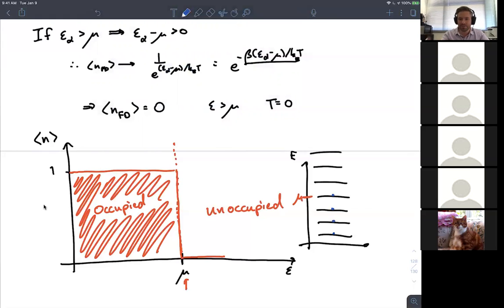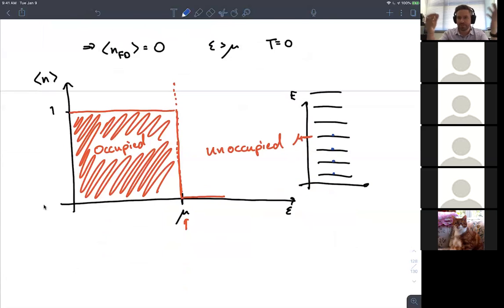Then you're out of particles and the remainder of the states are unoccupied, they're empty. So the chemical potential sets the number of particles in your system, and that number of particles determines how many energy levels are filled. It's an important value, and therefore you give it its own name. So mu is what's referred to as the Fermi energy of the system.